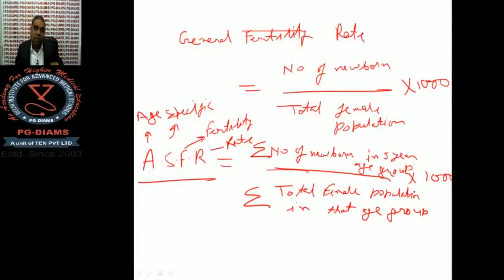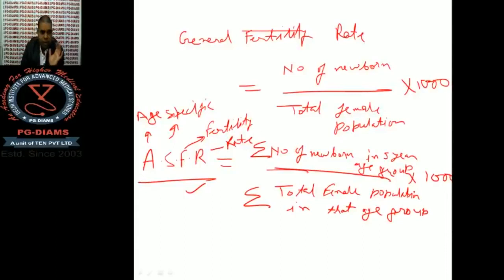Of course, those females in the age group 20 to 25 will have a higher fertility rate than those females in the age group 40 to 45. Okay. So age specific fertility rate helps us find out the fertility rate in a specific age group. So we sum up all the 5-year age groups.